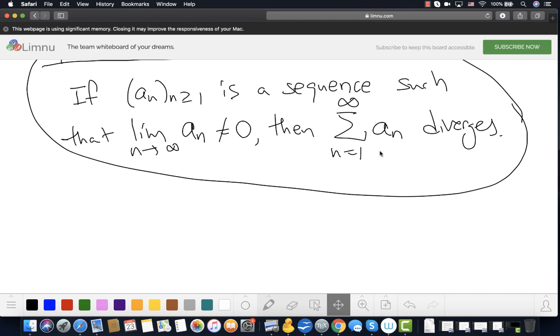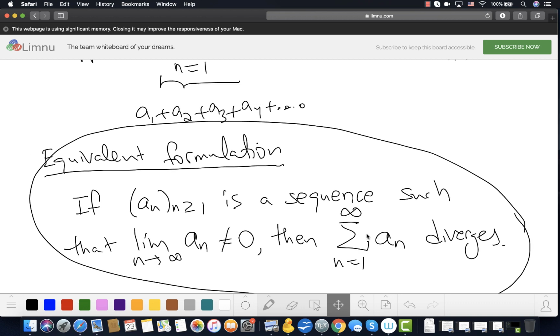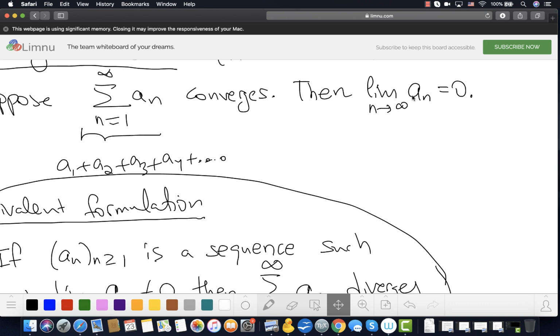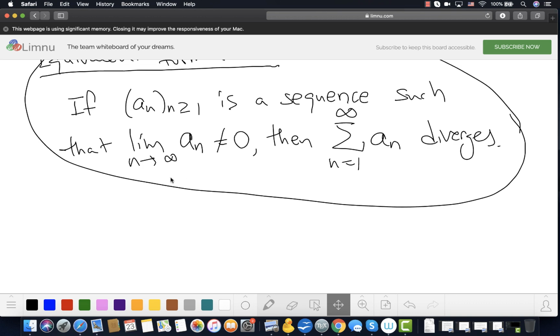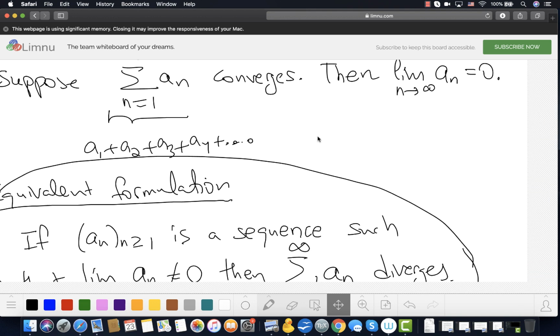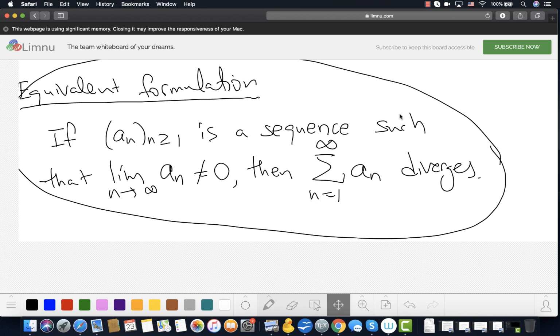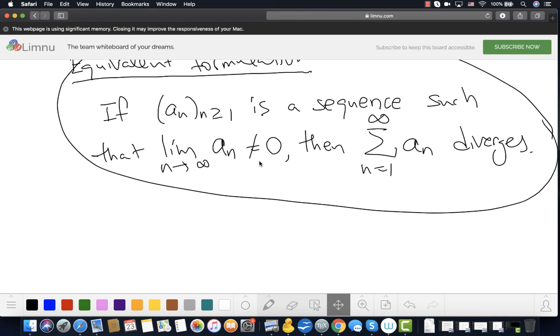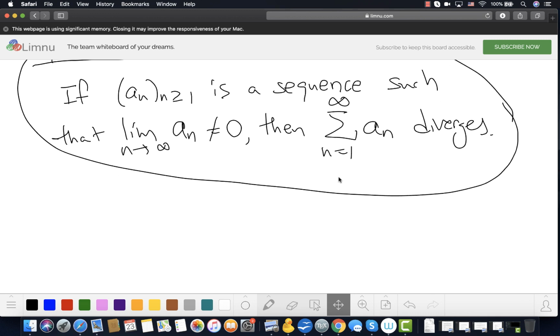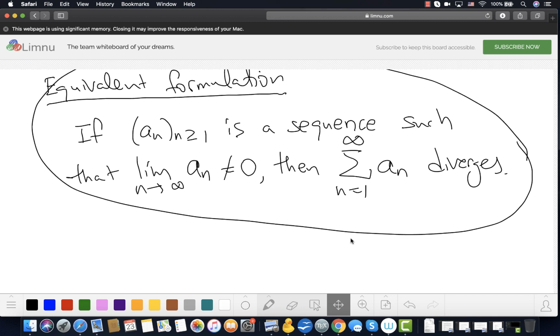Because if the series converged, then we know that the limit of the an's must be 0. So if you know that the limit of the an's is not 0, then you can automatically conclude that the series, n goes from 1 to infinity of an, diverges. It's a very, very useful test, and this is what you should be applying first when you see a series and you want to test if it diverges or converges.